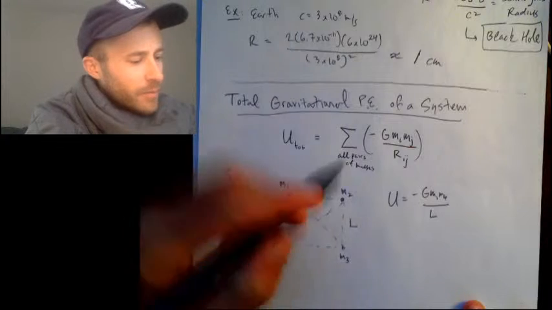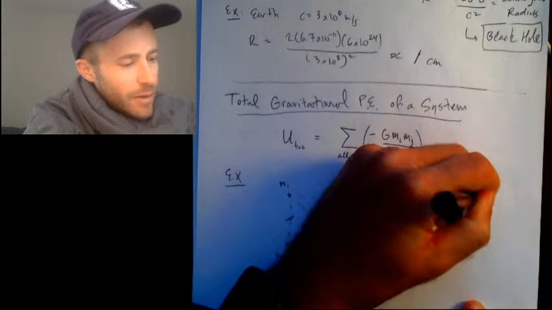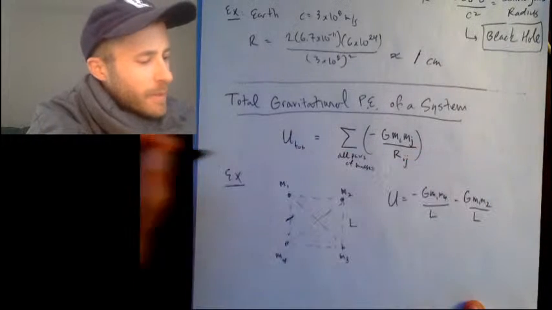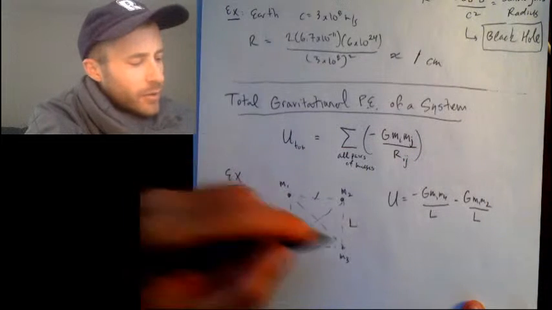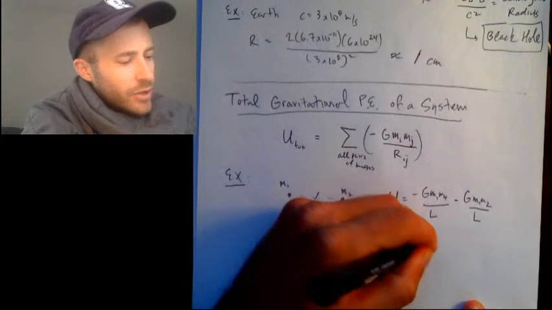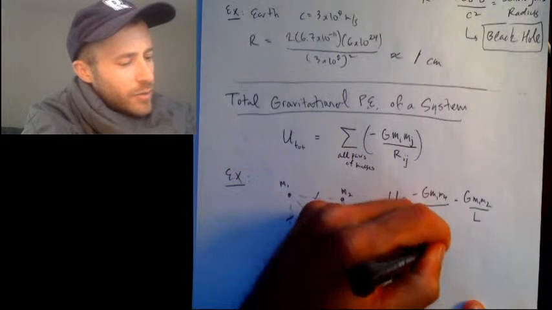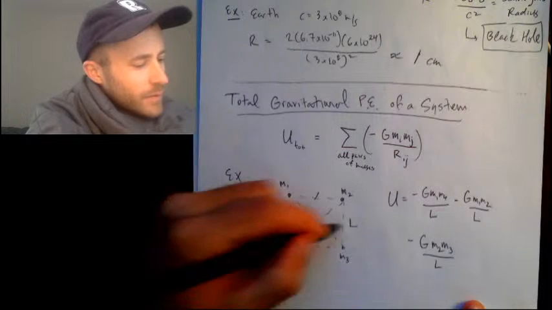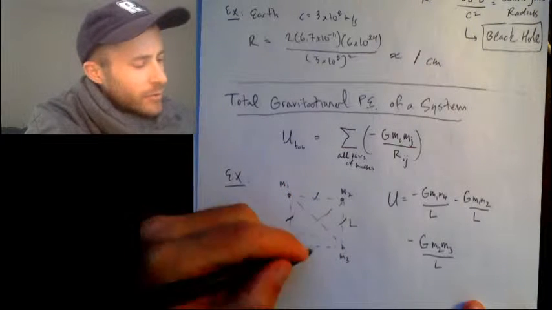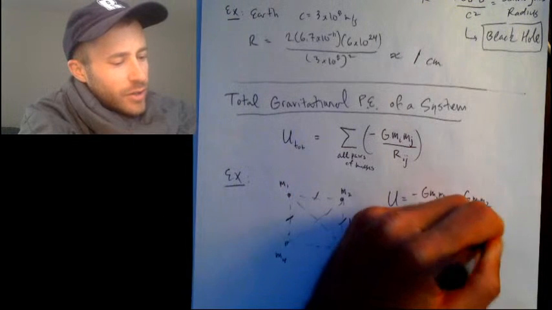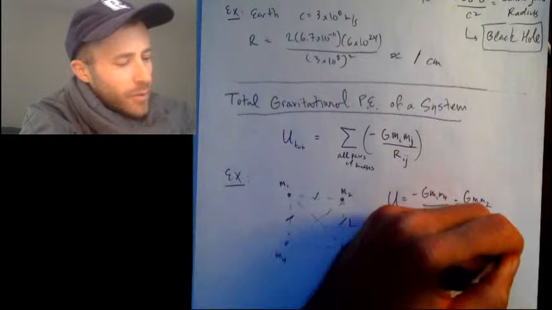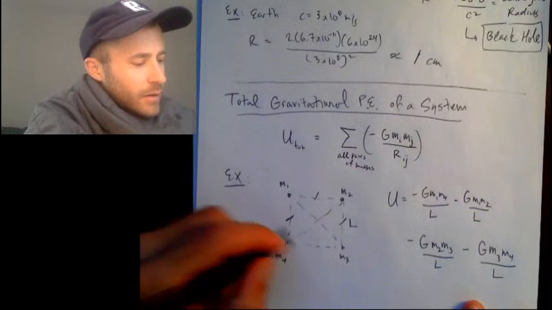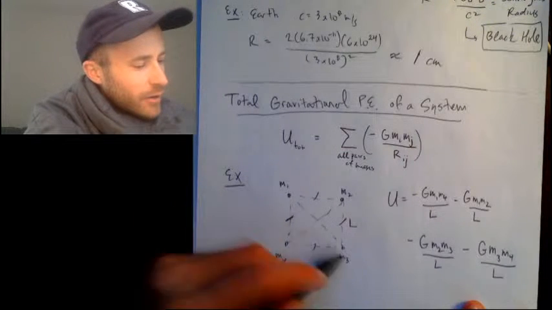Now let's do this pair: minus G M1 M2 over L. Now this pair: minus G M2 M3 over L. Now let's get this pair: minus G M3 M4 over L. Got that pair.